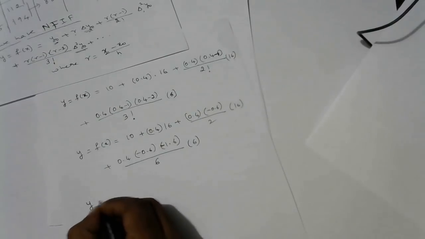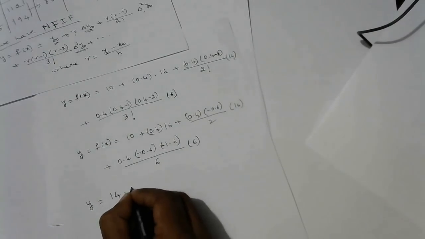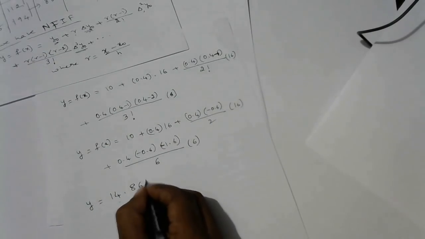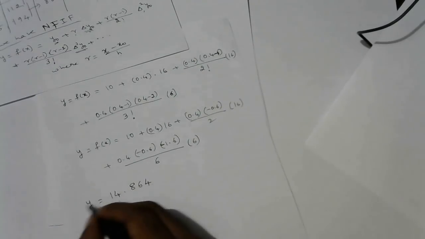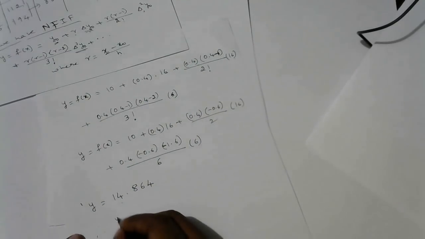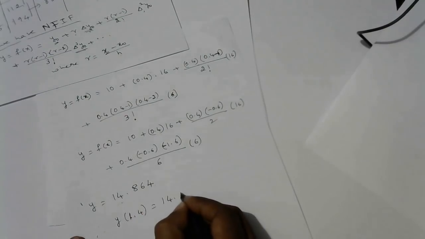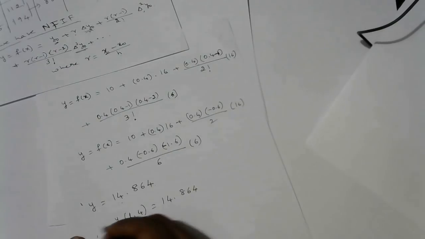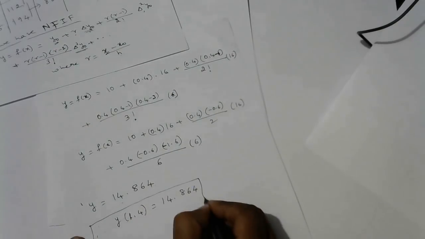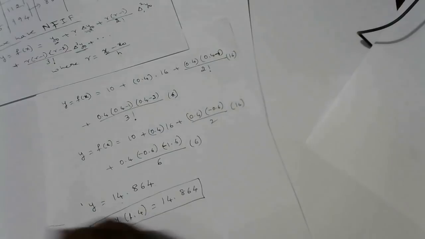If you simplify you will get 14.864. Therefore y of 1.4 equals 14.864. So this is the required solution.